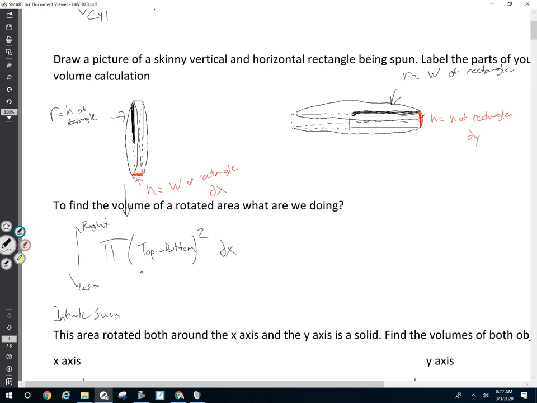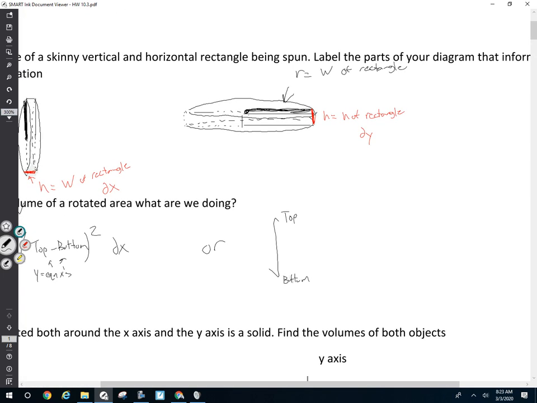To get the top, we need y coordinates, which means we need an equation of x's. Or we're taking an infinite sum from a bottom to a top, to ensure that the heights of these cylinders are positive, of another pi r squared h, where h is dy. R is going to be a right minus a left, but they are x distances, so we need equations with y's.